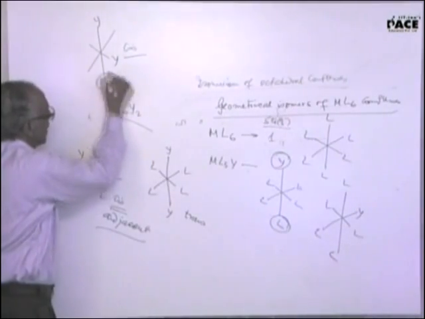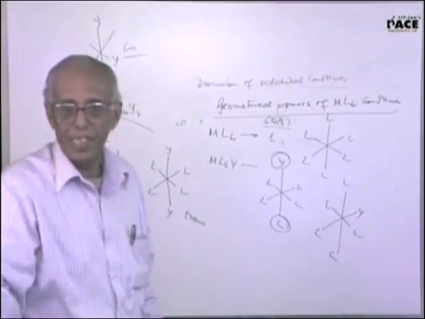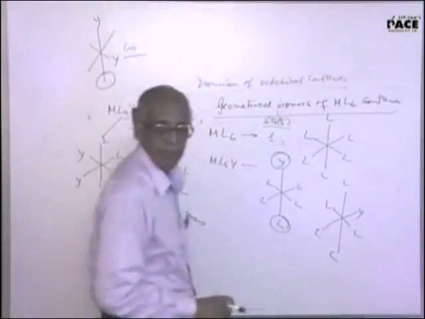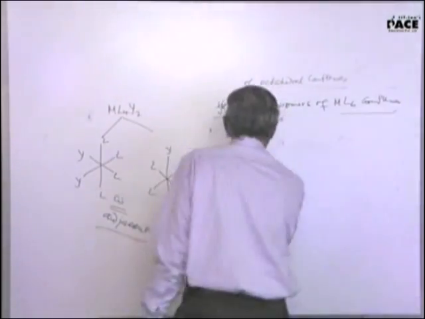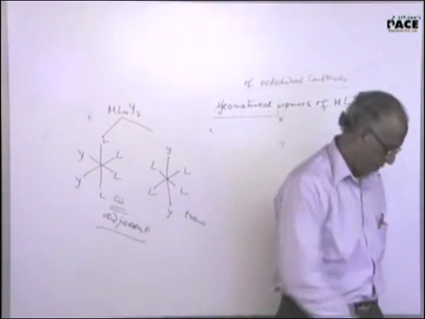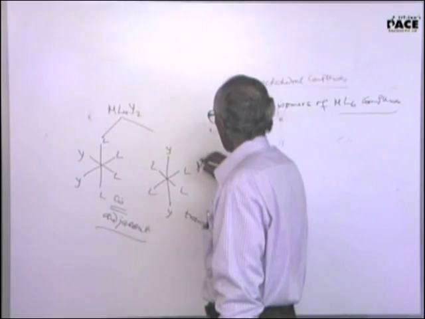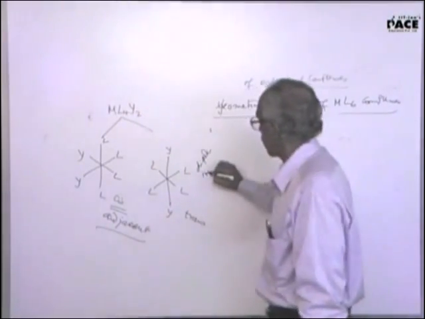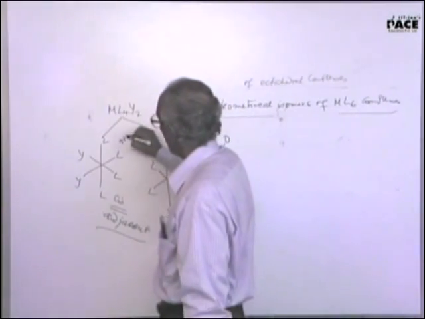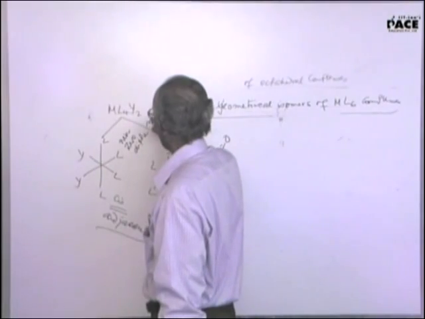Only when it is here, it is trans. Anything other than 180 degrees is cis. How will you differentiate cis from trans? Dipole moment. The trans isomer will have zero dipole moment, and the cis will have a non-zero dipole moment.